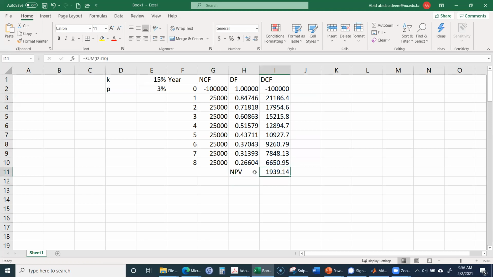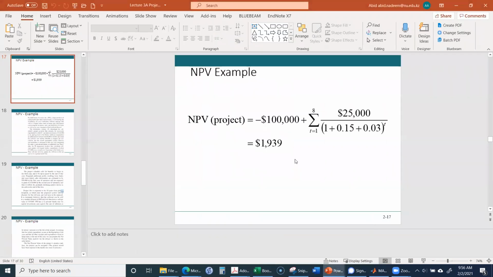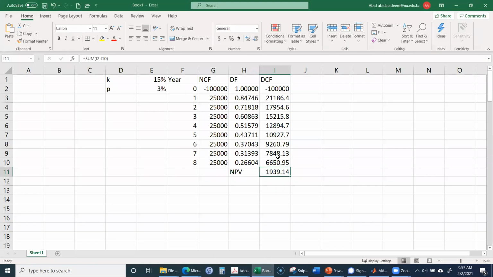Net present value 1939.14, which is the same as the answer over here. So this net present value of $1,939 shows that if this project is run over its lifespan of 8 years, we get a net present value of $1,939, which is greater than 0, a positive net present value. So therefore, this project can be accepted.